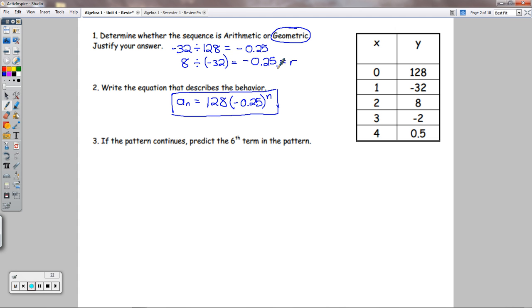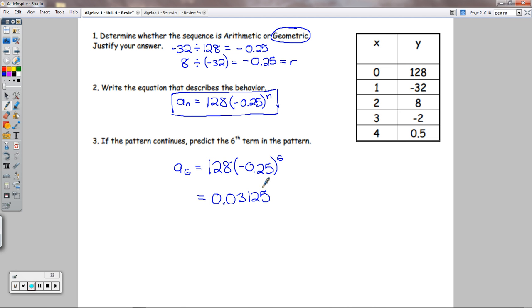And then if the pattern continues, predict the sixth term in the table. So plug in 6 for n, and then if you plug this into a calculator all at once, so 128 times this in parentheses to the 6th power, we should get, it looks like, 1/32 if you have that as a fraction, or 0.03125.